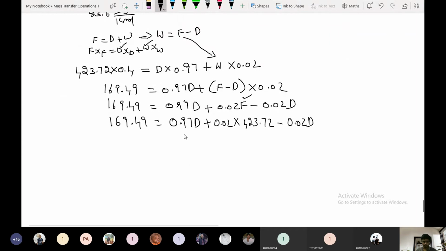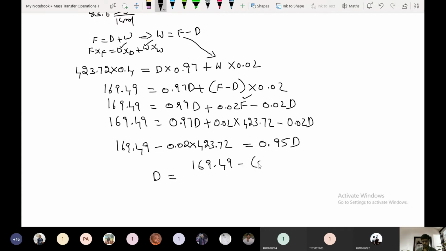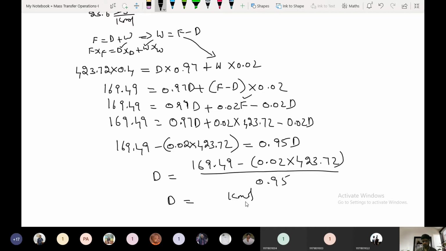Now we can take this on the other side: 169.49 minus 0.02 into 423.72 is equal to 0.97 minus 0.02, so it is 0.95 D. So D is equal to 169.49 minus 0.02 into 423.72, divided by 0.95. So D will come out in kilomole per hour.